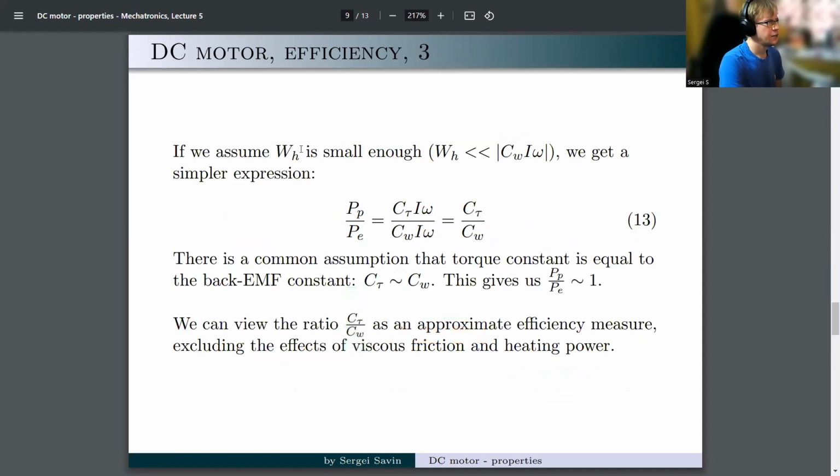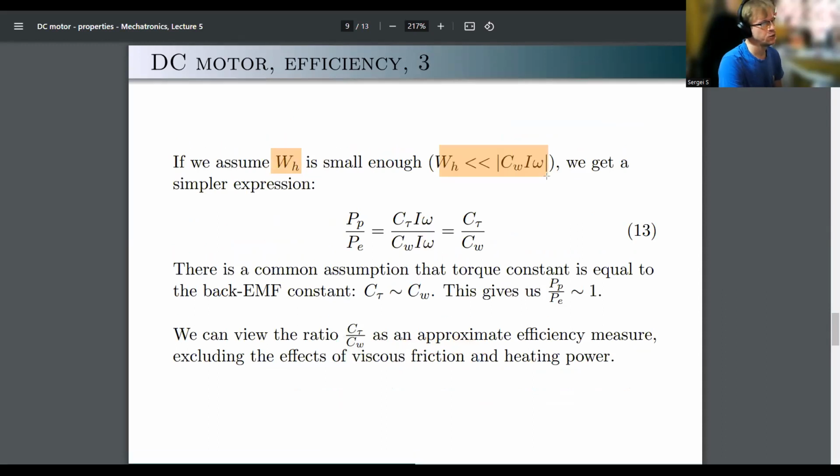Now, let us assume that the heating is small enough compared to, for example, the power of back EMF. Then we get an even simpler expression. This ratio becomes this. But notice, we have the same element in both of them, I times omega. And I times omega can be cancelled. So what we have in the final analysis is the ratio of two motor coefficients, C sub tau and C sub omega.